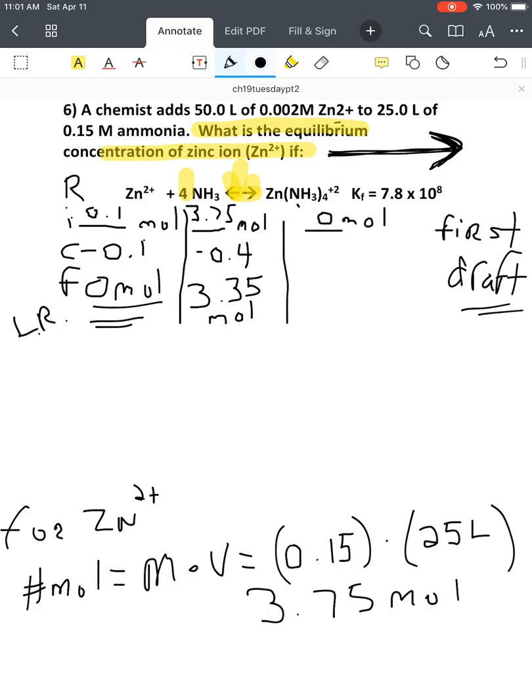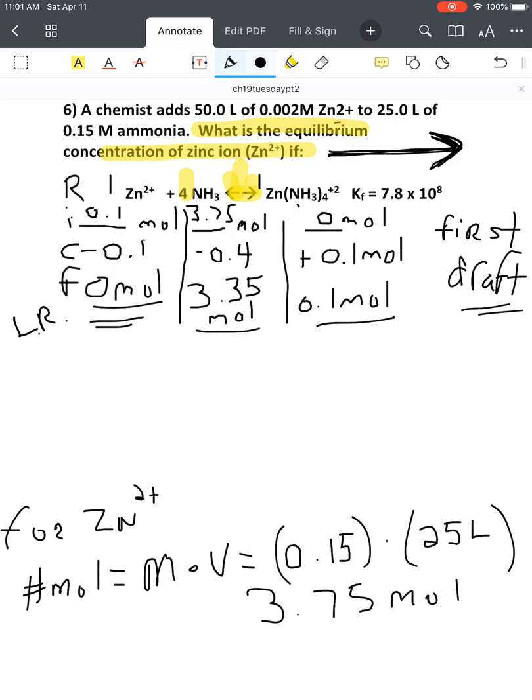I run out of that first. I've got plenty of ammonia left. Now in this process, I'm also going to generate 0.1 mole of my complex ion. I start off with none, but since it's a 1-to-1 stoichiometry between the zinc and the complex ion, I generate an equimolar quantity.